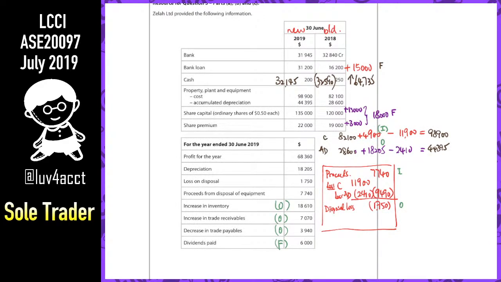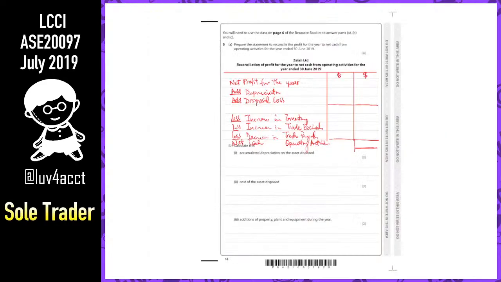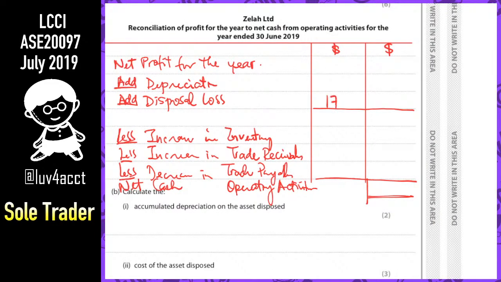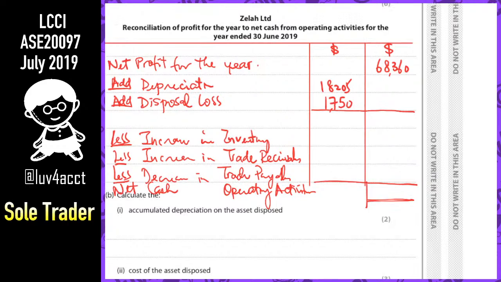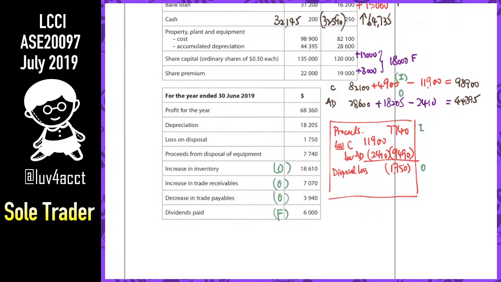Okay, depreciation 18025, and then disposal loss 1750. Six, 360, 18205. 19955. 88315.